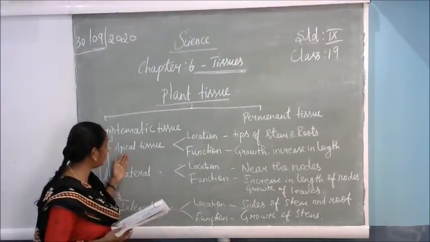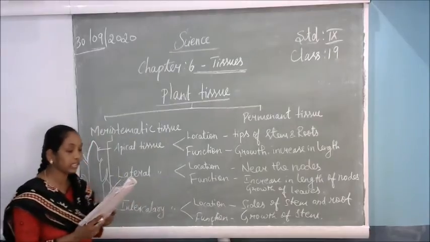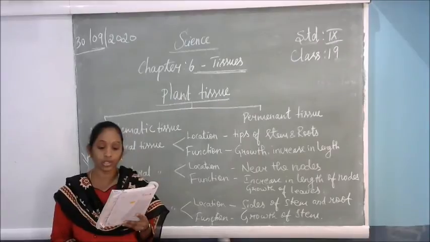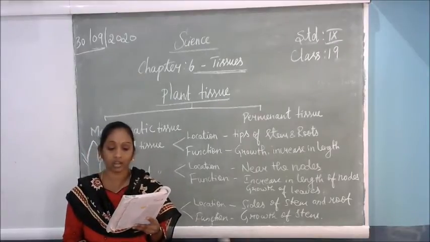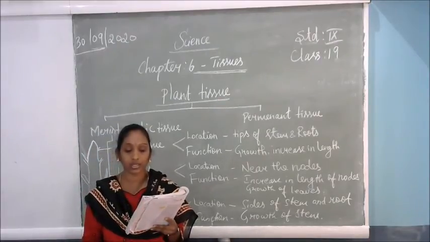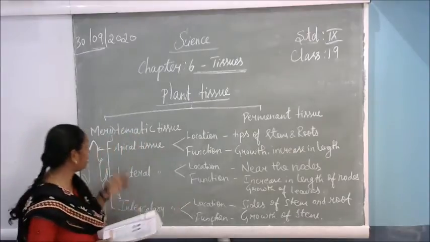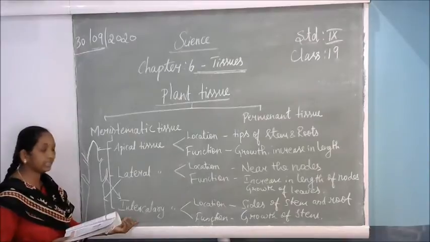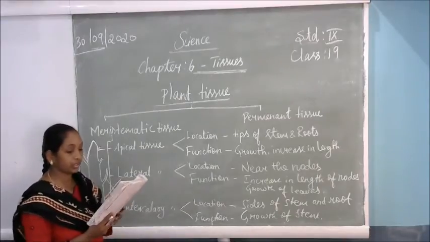That is the reason the meristematic tissues are present in specific locations in the plant. The meristematic tissues are located only at these points. Depending on the region where they are present, meristematic tissues are classified as apical, intercalary and lateral.